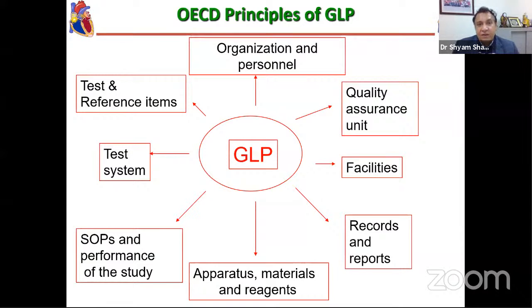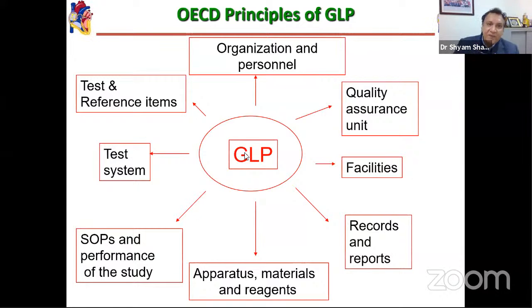Nowadays a lot of distractions are there, and they ask, where is the data, and so many people will say, we don't have the data, it's more than 10 years old. But a GLP study makes sure that you maintain all the documentation. That is why we sometimes call GLP, give lots of paper, because a lot of paper needs to be generated.